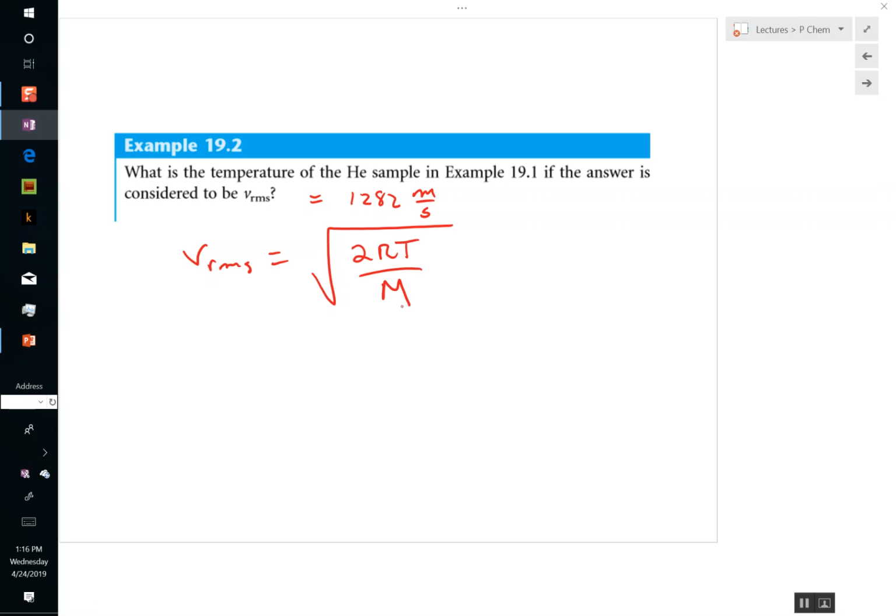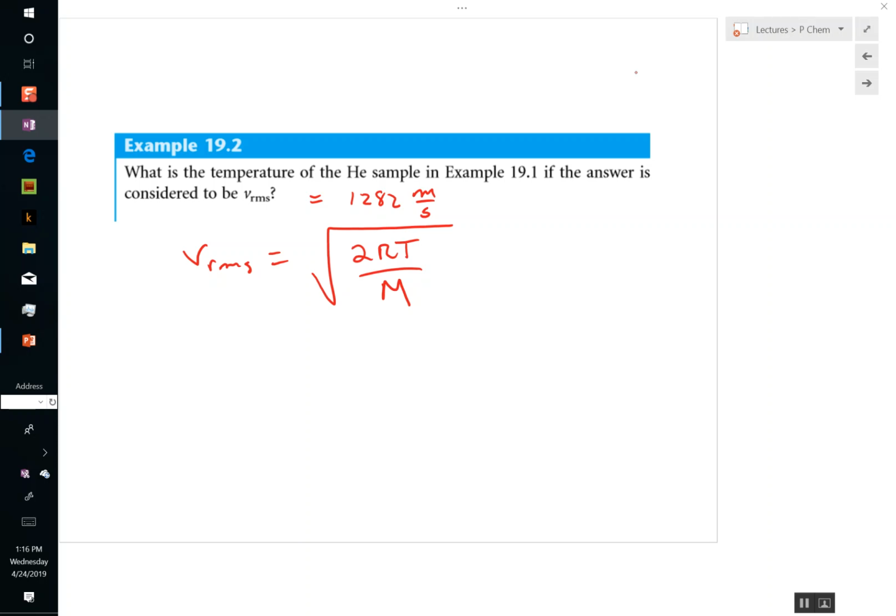There are two speeds here: the root mean squared velocity, and the mean velocity. They're close to each other, but which one mimics the root mean squared?